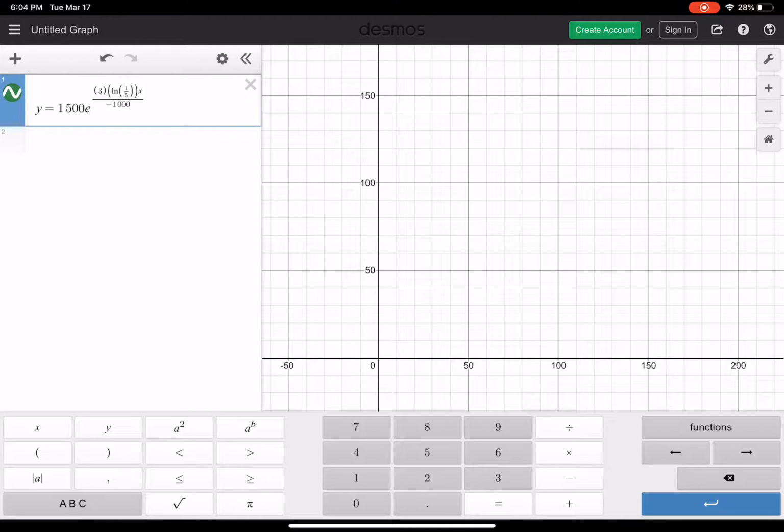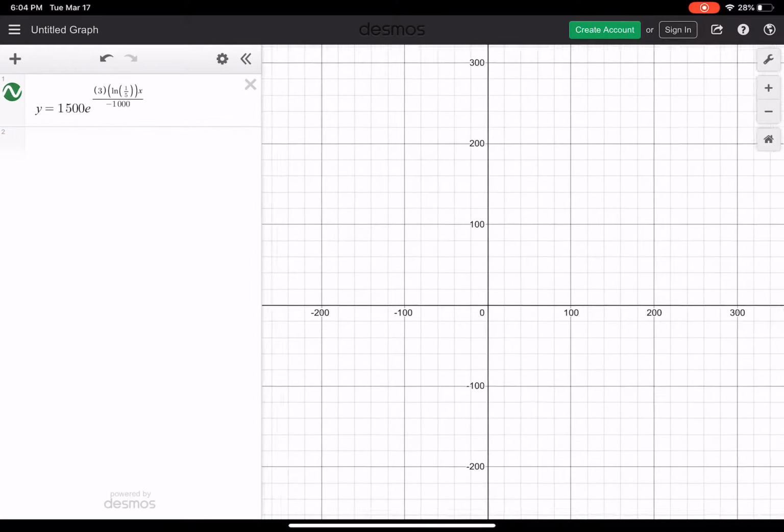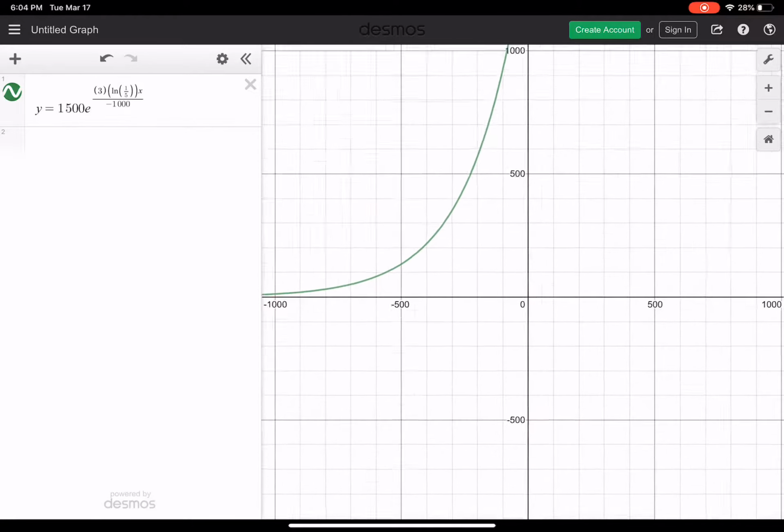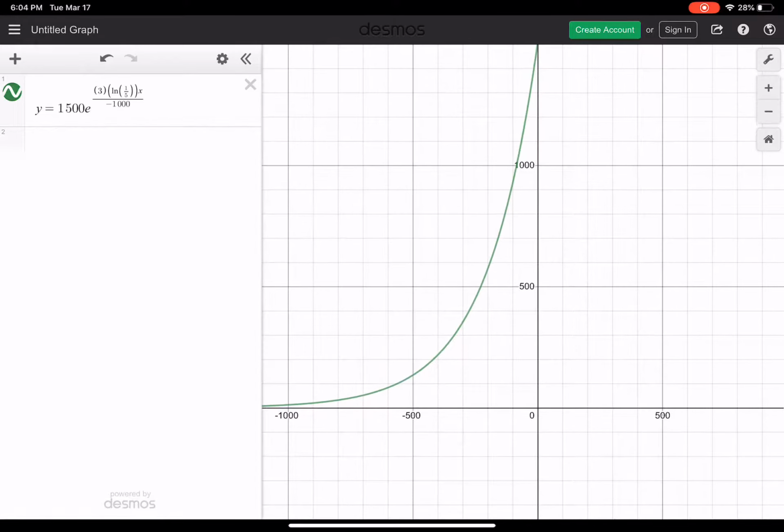All right, so if I look at my graph right now, I don't see anything. So what you might have to do is zoom out, and then you'll see the type of graph that equation makes.